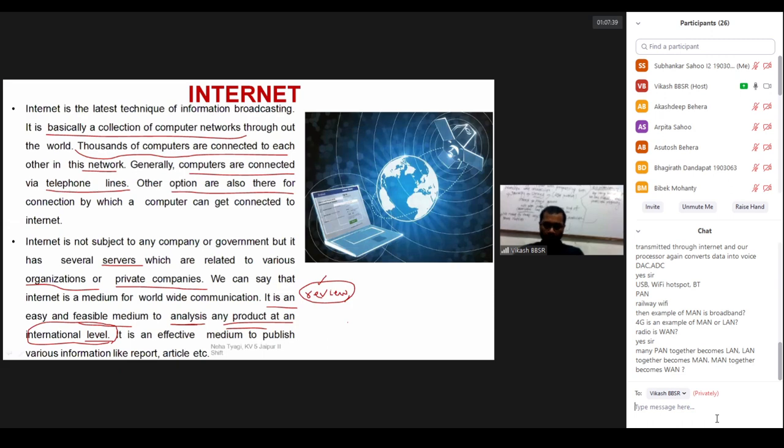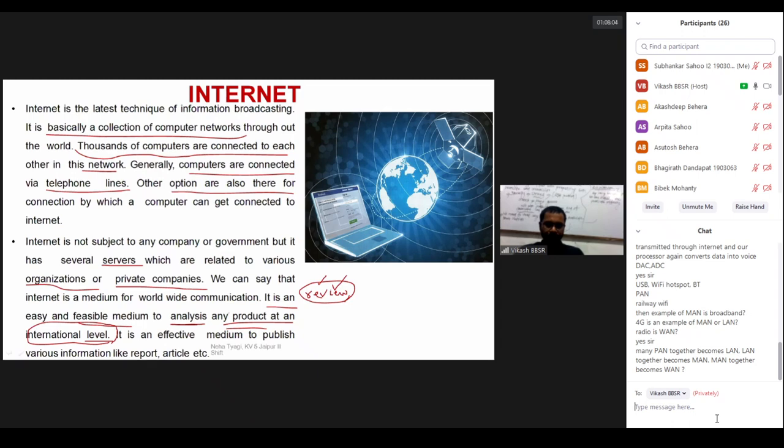You cannot guess; only after use can you know. But when you check the review at international level, you can decide whether it satisfies your requirement and whether it is giving quality service or not. Then you can go for that.